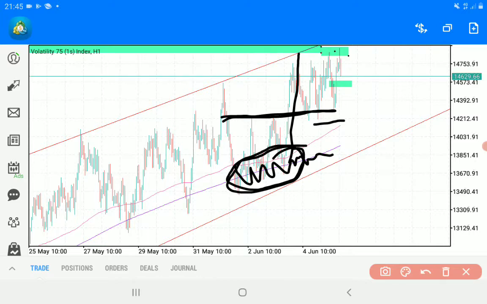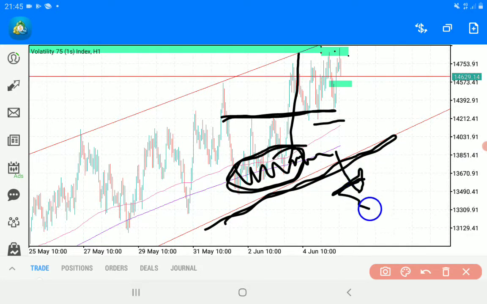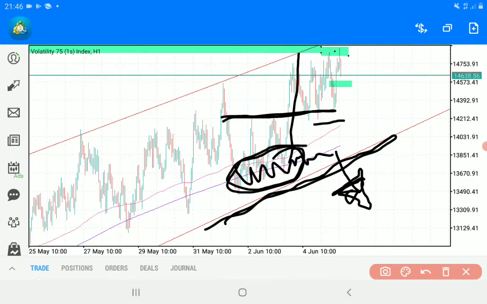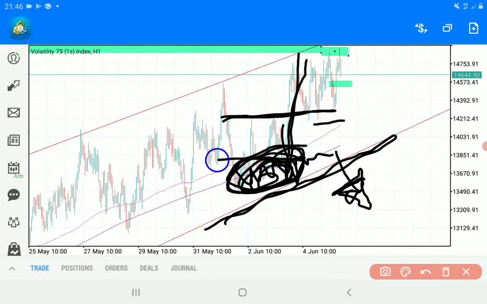You see? So now that trend line tells you, okay, if I break that, it means I will possibly continue going down. But then now I created a triple bottom, so I'm going to shoot up. So you can actually buy somewhere here.